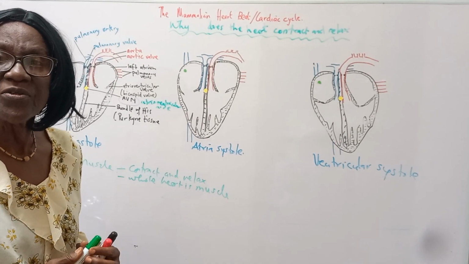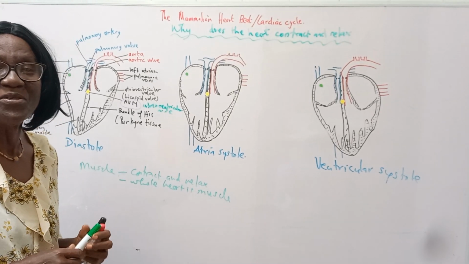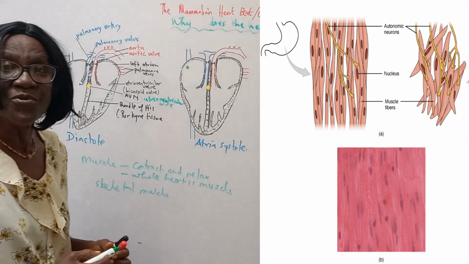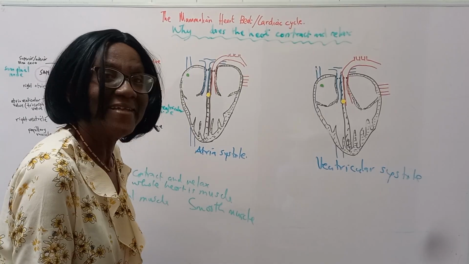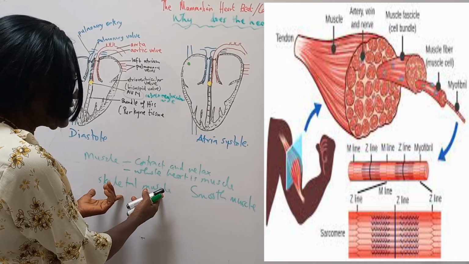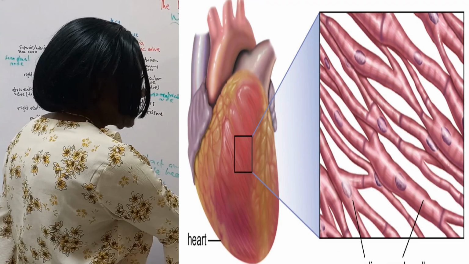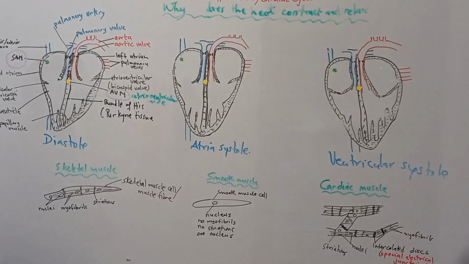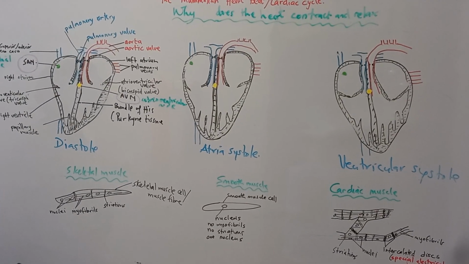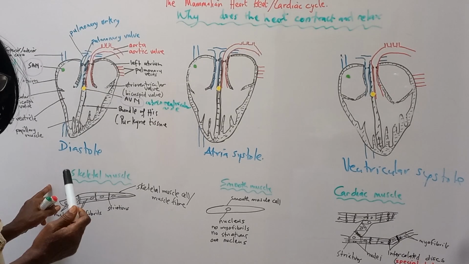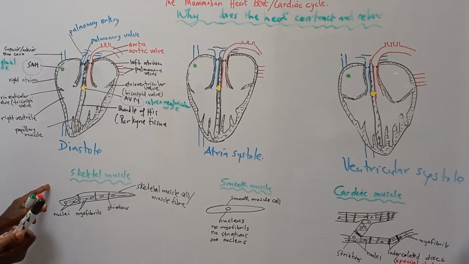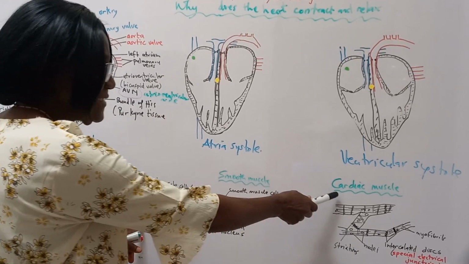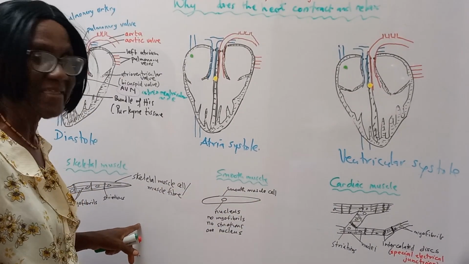So we want to look at the difference between skeletal muscle, smooth muscle, and heart muscle. All muscle contracts and relaxes. So what's the difference between skeletal muscle, which is associated with the skeleton and bones, smooth muscle, which is the muscle of internal organs, and cardiac muscle, which is heart muscle?